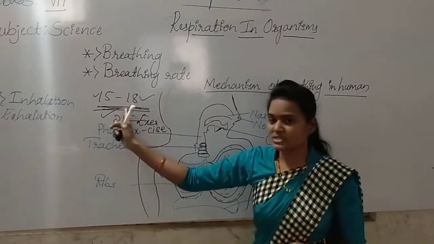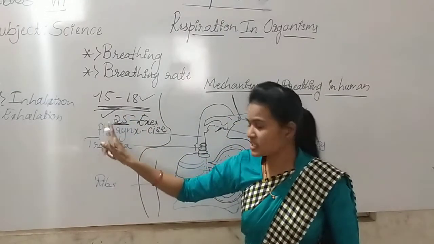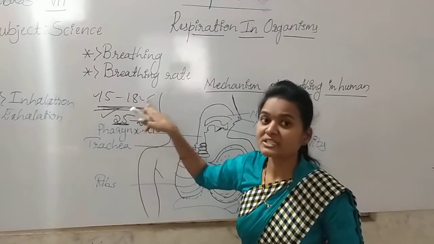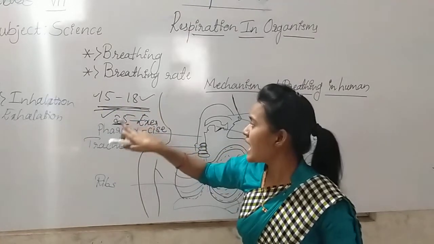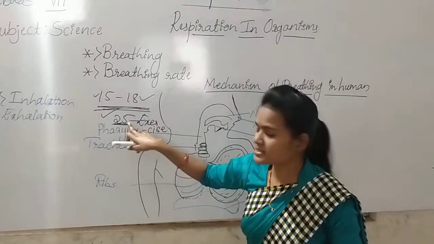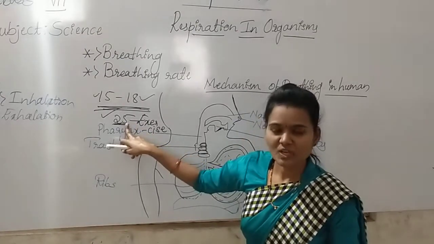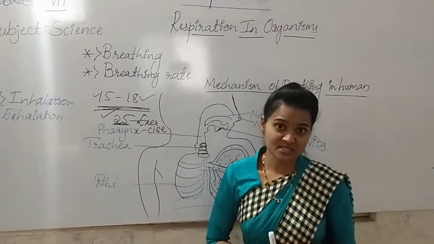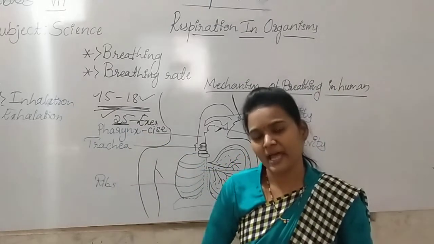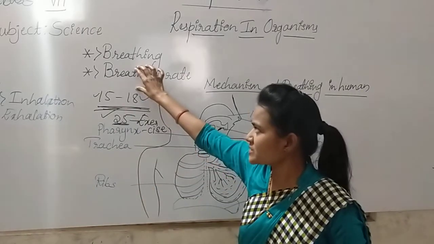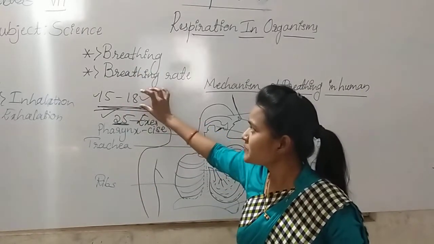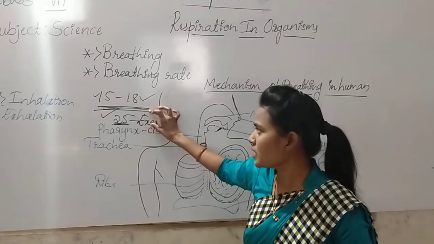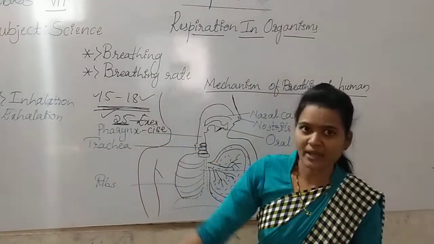A person who is at rest has a breathing rate of 15 to 18, and if a person is doing heavy work, it is up to 25 times. So this is about the breathing rate: what is meant by breathing rate, and what is the rate for a person at rest and for a person doing heavy work.